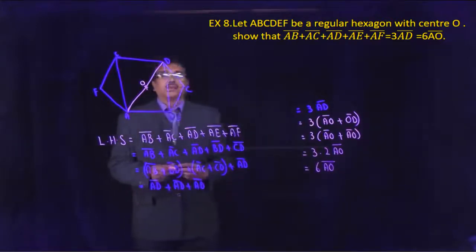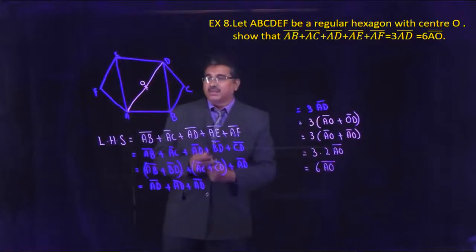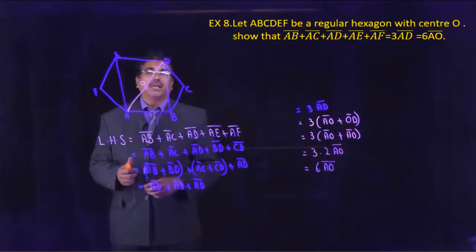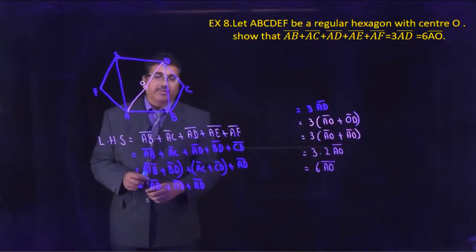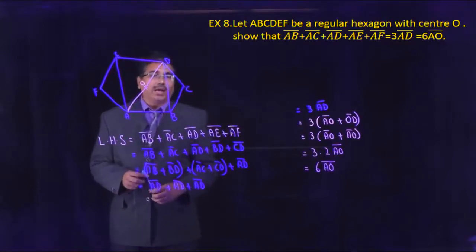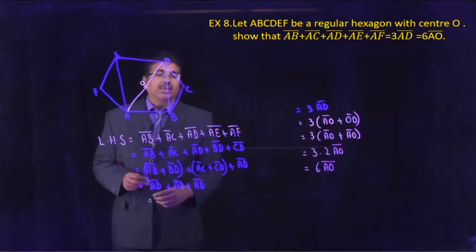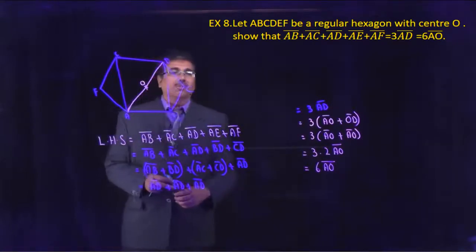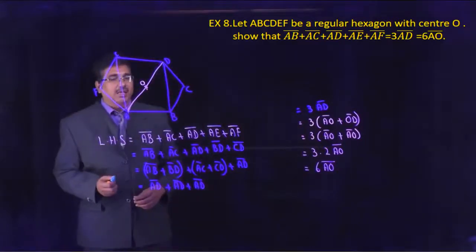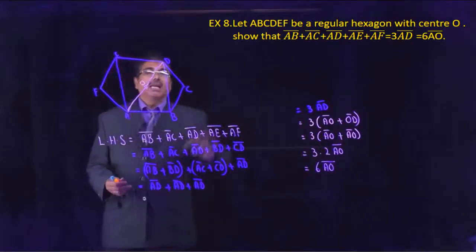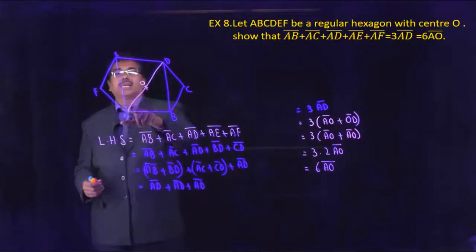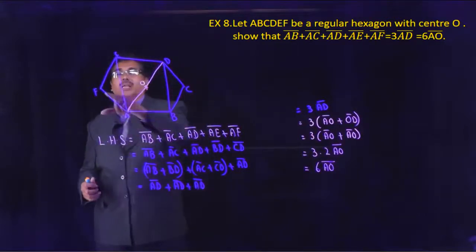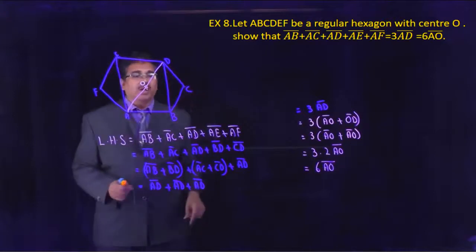Now to explain: this is a regular hexagon ABCDEF. We want to find AB bar plus AC bar plus AD bar plus AE bar plus AF bar. Here AE bar is equal to BD bar and AF bar is equal to CD bar.